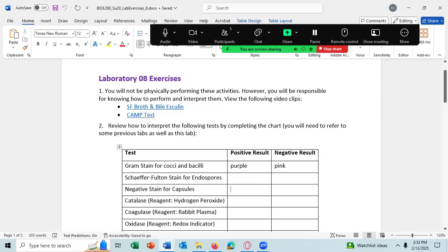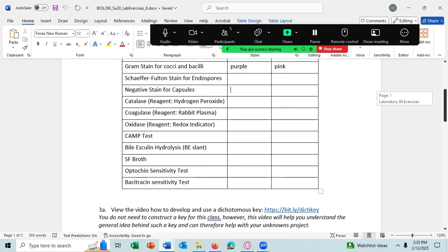You could also write it down here if you need more space. Just state for the capsule stain, which is using the negative stain to determine capsules on the cell, what the positive result will be, and then the negative result will be.